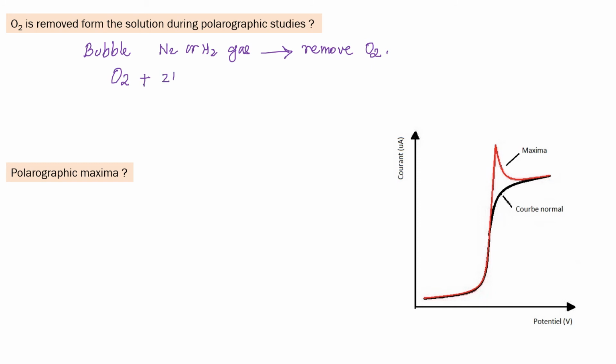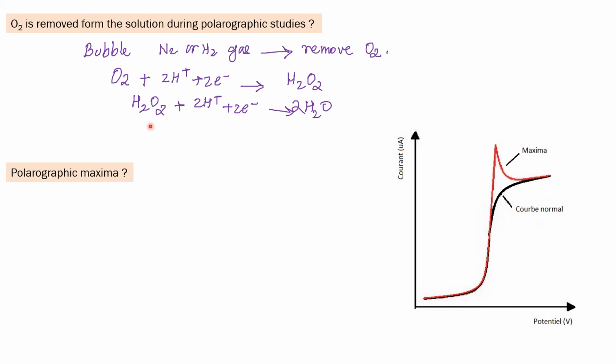That is, O2 plus 2H+ plus 2 electrons giving H2O2, and H2O2 plus 2H+ plus 2 electrons giving 2H2O. So this is the reaction by which the oxygen gas undergoes electrooxidation or electroreduction.